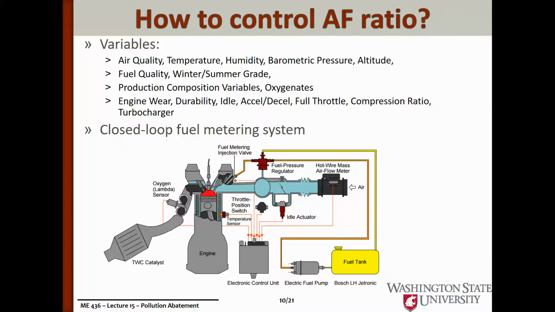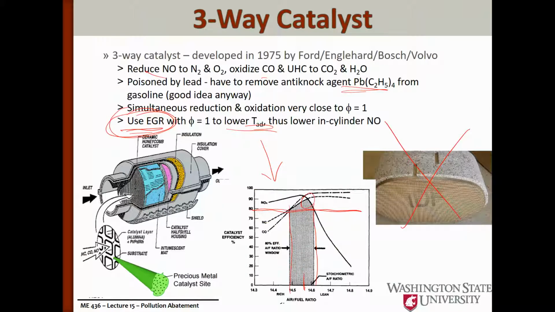So coming back to this chart on how the catalytic converter oxidizes the CO and the hydrocarbons while reducing the NO, it works in this very small band. Before, we had shown how much variability there was in the air to fuel ratio between cylinders.